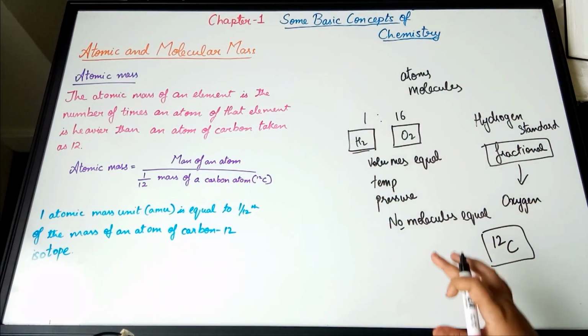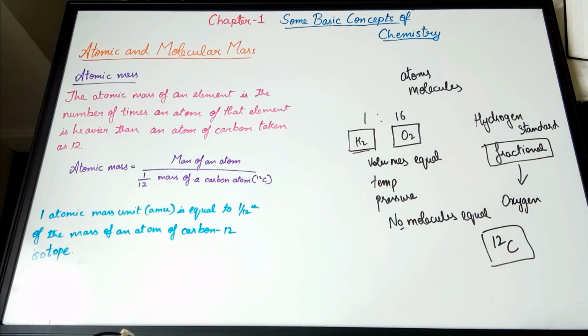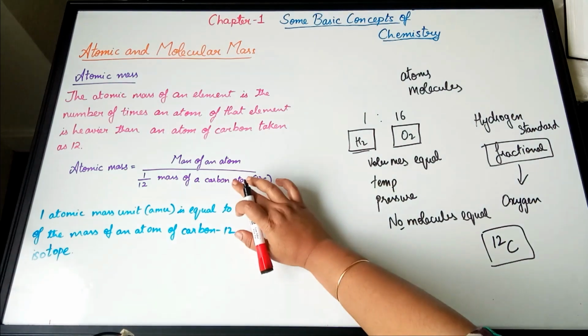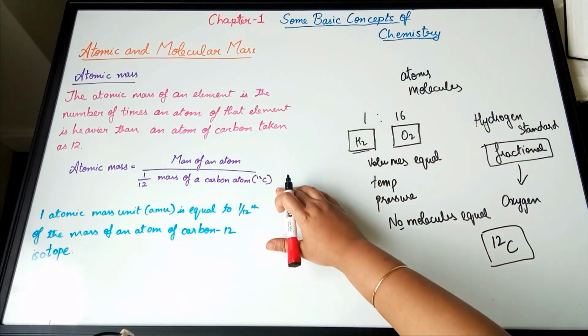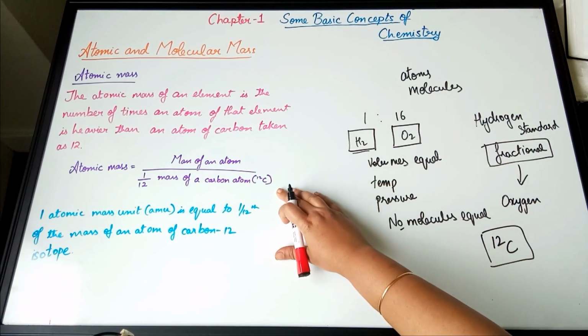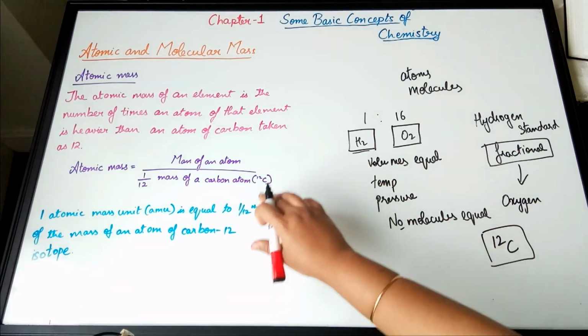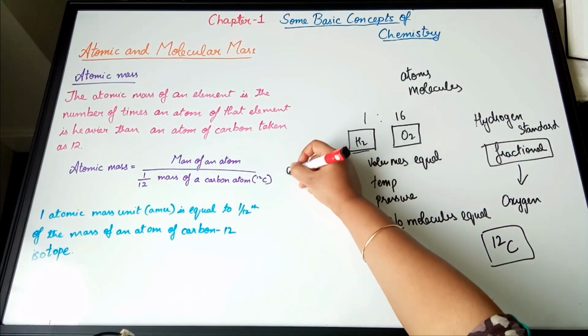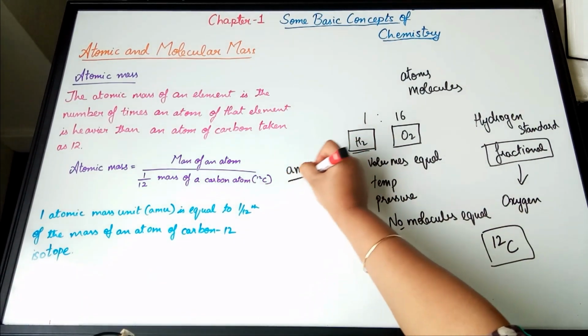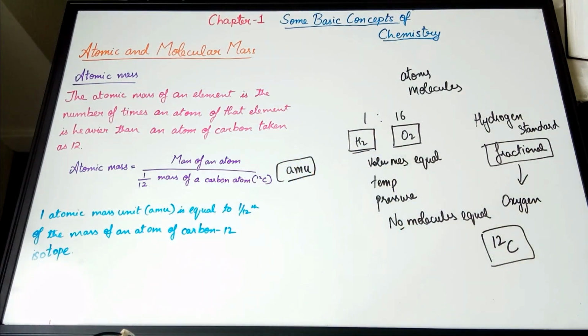So we're talking specifically about the carbon-12 isotope. Atomic mass equals the mass of an atom divided by 1/12 the mass of the carbon atom. That will give us the atomic mass, and the unit used here is AMU.